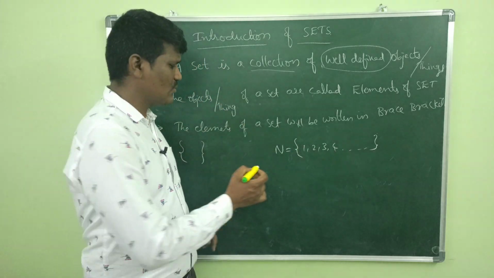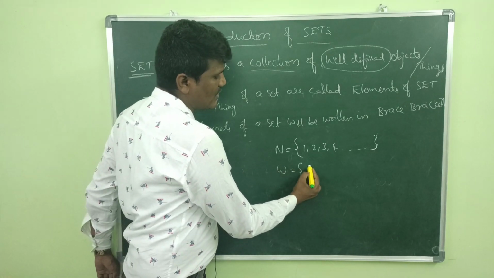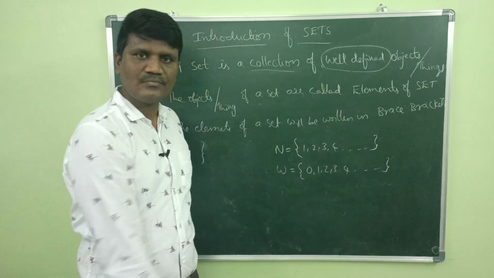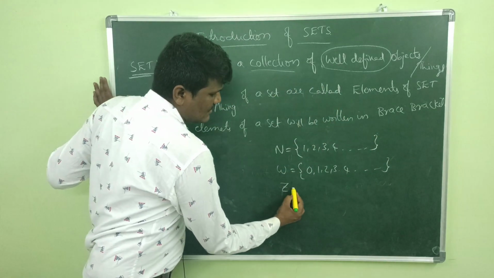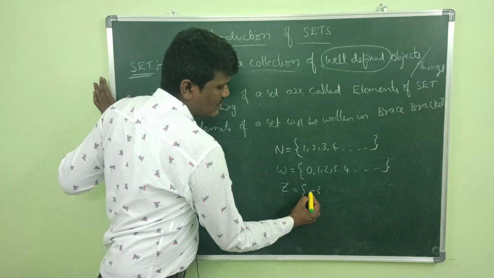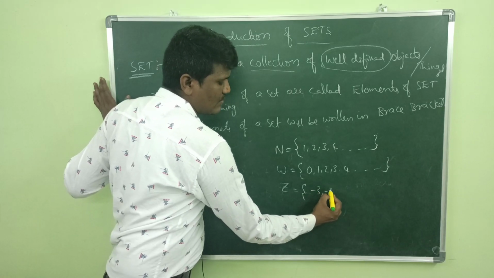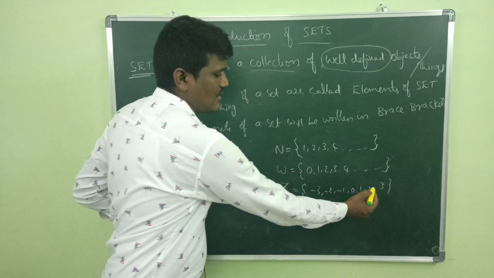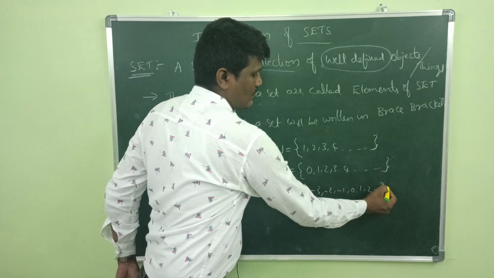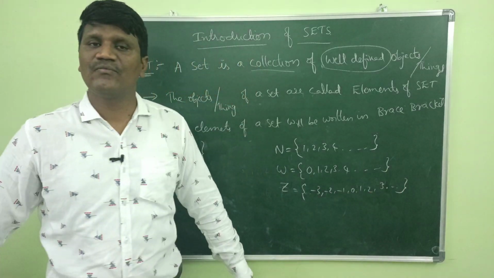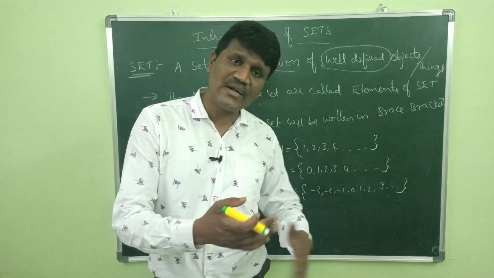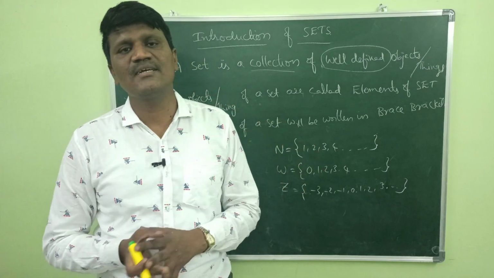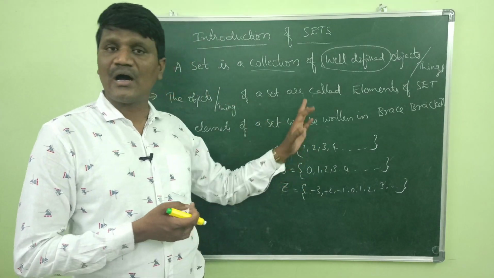If I write W, this is the set of all whole numbers. If I take Z, Z is the set of all integers: up to so on, -3, -2, -1, 0, 1, 2, 3, and so on. So these are different sets. We know this, but in this sets chapter we are going to use all of these.